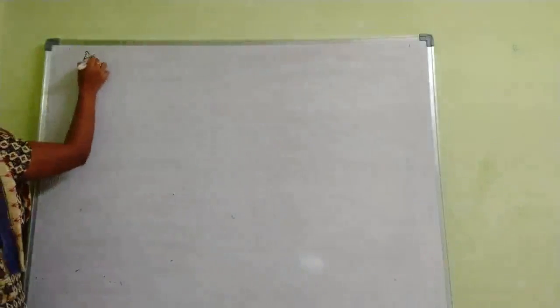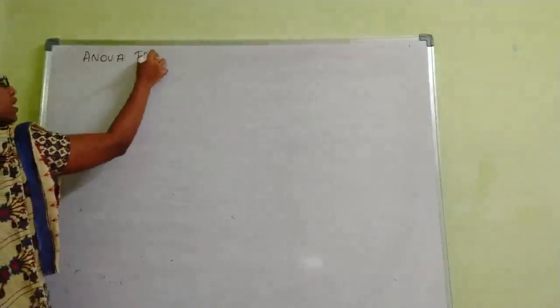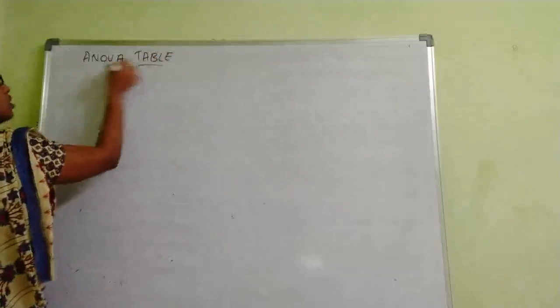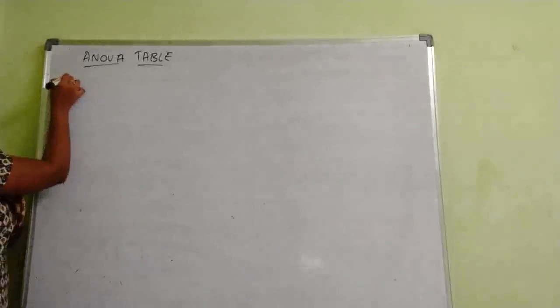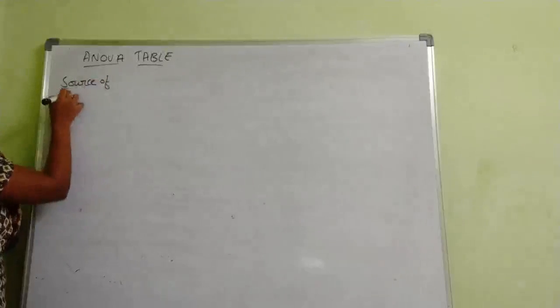So last step is ANOVA table, from which we get the F calculated values, which we use for the comparison and giving the conclusions. So in ANOVA table, what is the first step? First block is we are going to write source of variation.